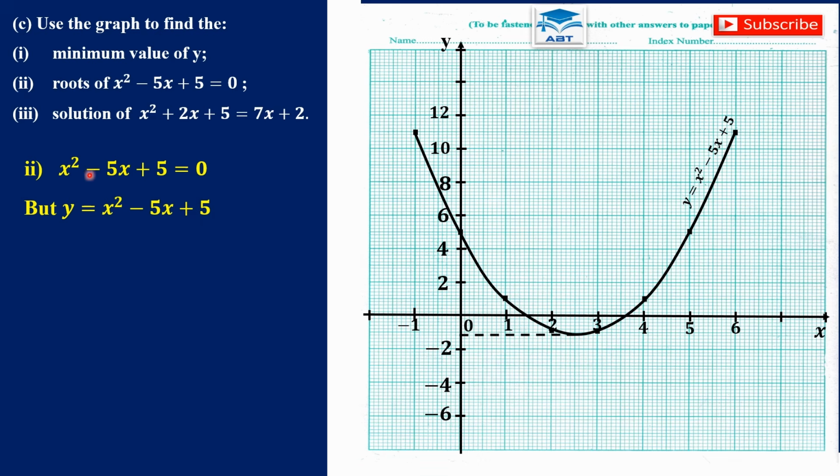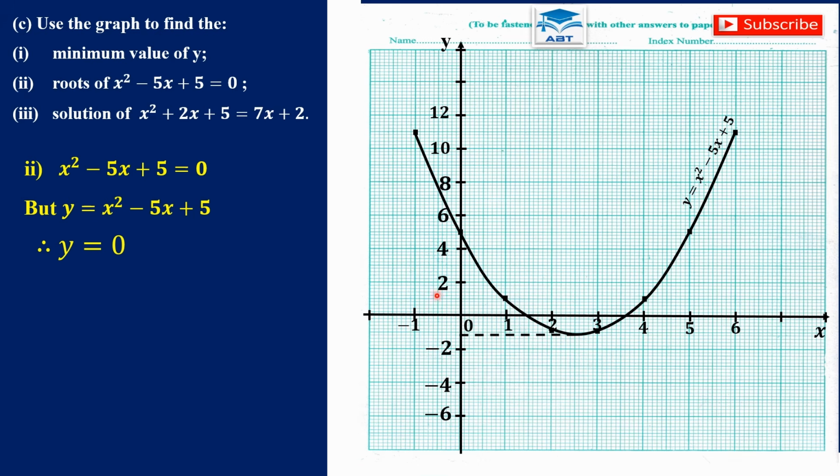So this x squared minus 5x plus 5 can be replaced with y because it's exactly the relation we plotted. So if we replace x squared minus 5x plus 5 with y over here, we have y is equal to 0. And the line y is equal to 0 is the x-axis. The x-axis is the line y is equal to 0. This line.